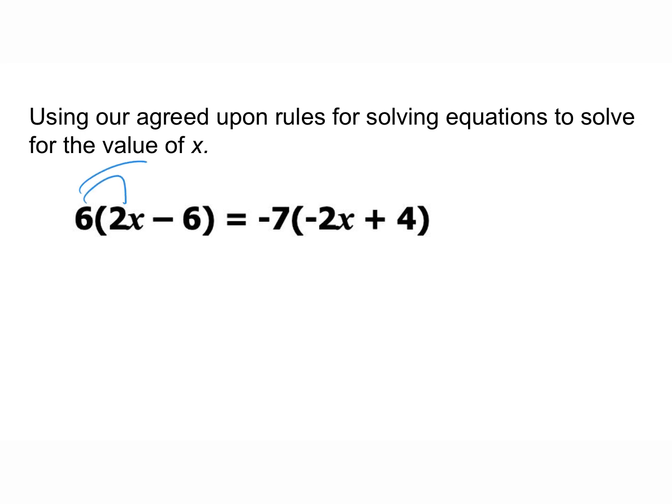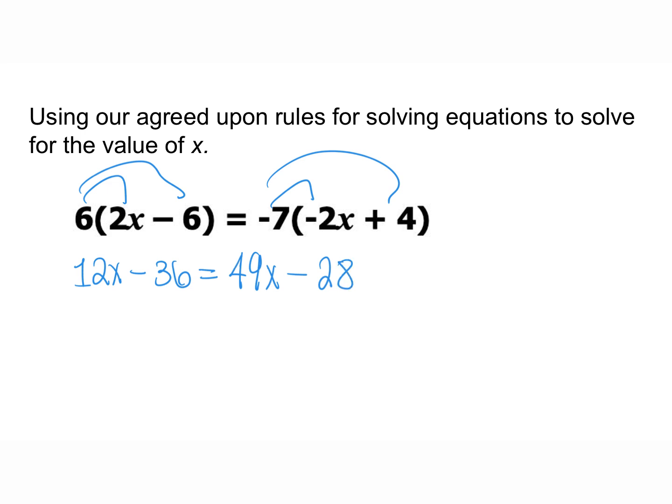Here we're going to simplify both sides of the equation. First by distributing. On the left we have 12x - 36 = -7 times 2x, which is -14x, minus 28. Sorry, this is supposed to be a 14x - 28.